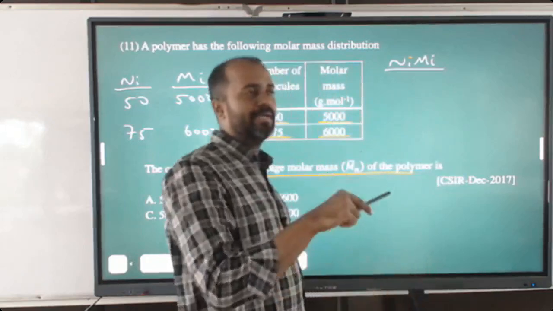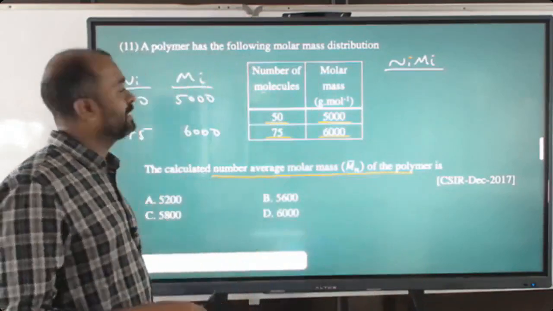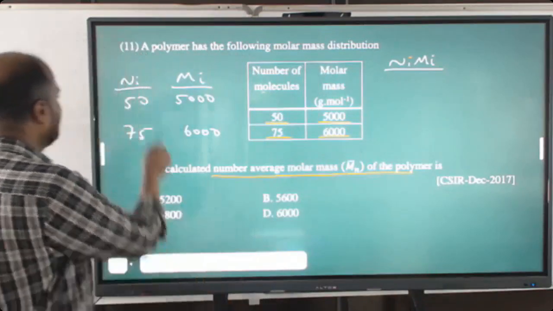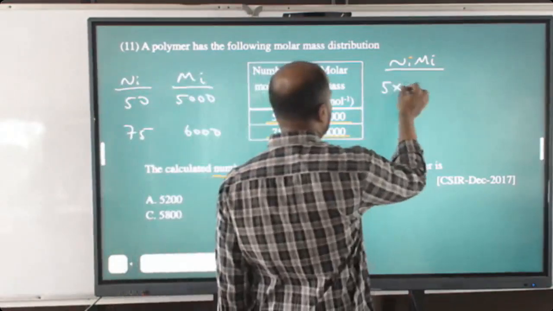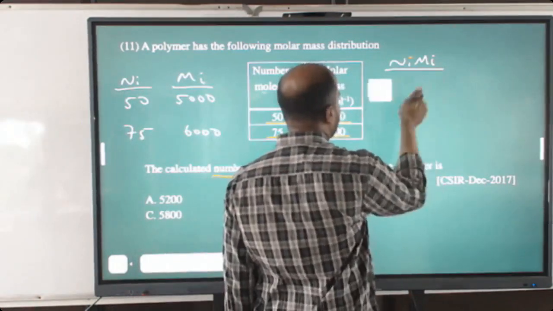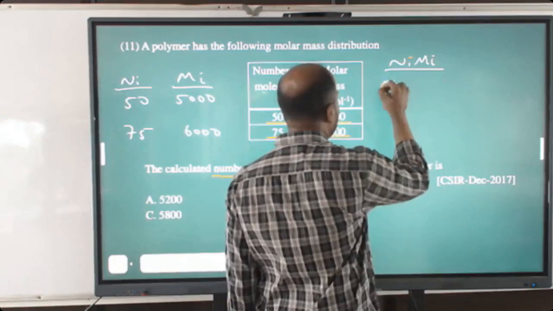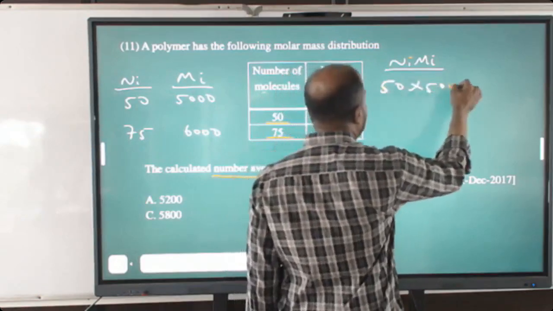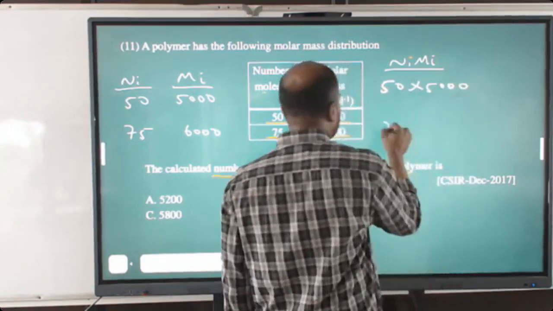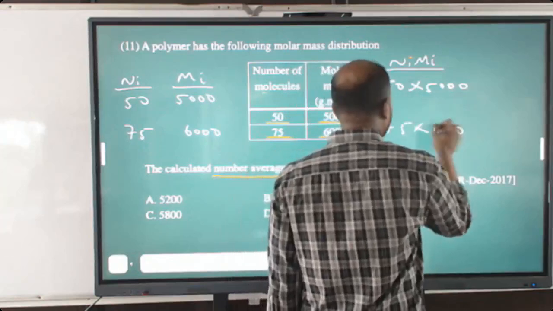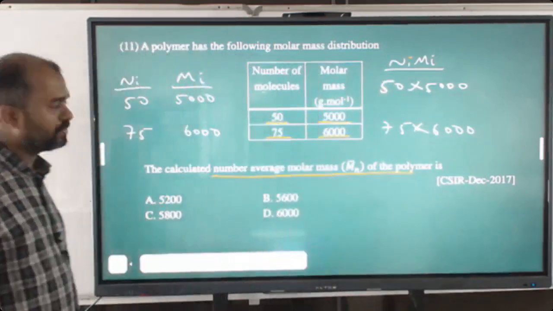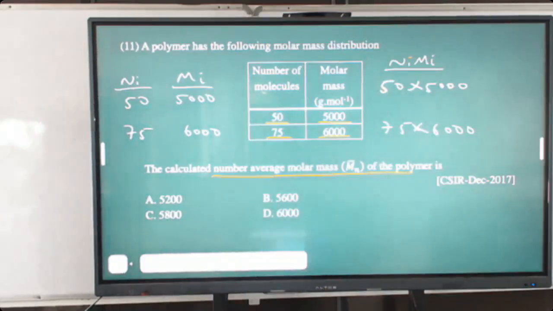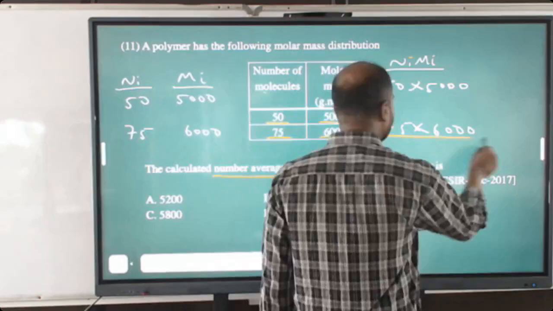Sigma NiMi divided by sigma Ni. Just multiply Ni with Mi. That's 50 into 5000 and 75 into 6000.